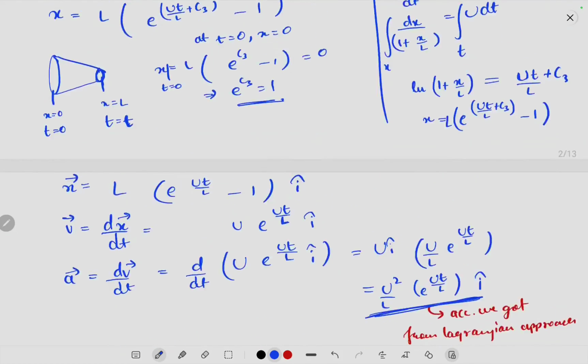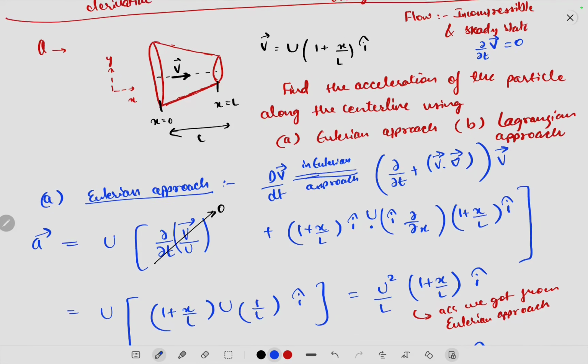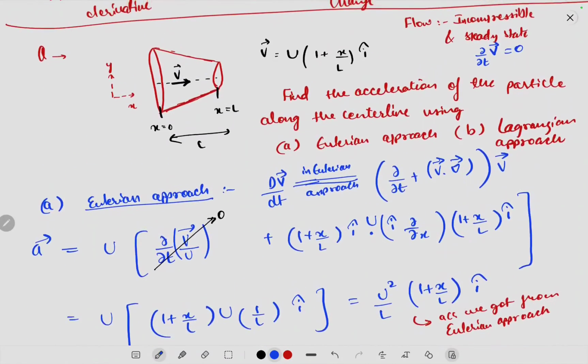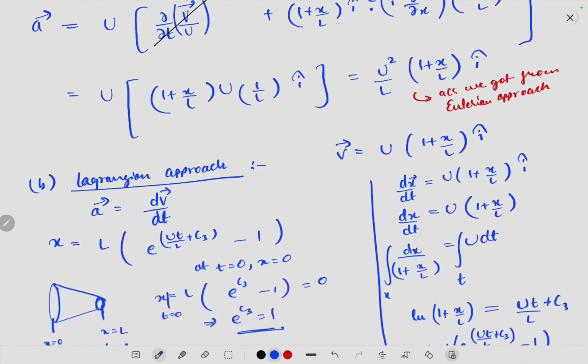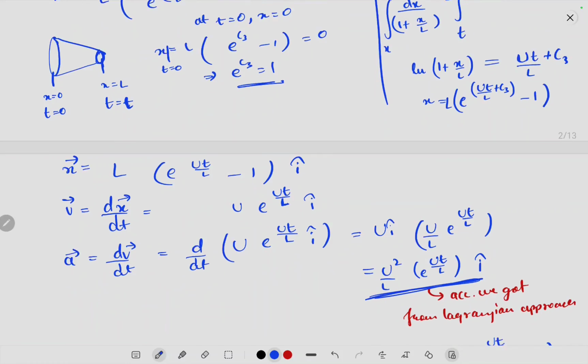Then we considered one example to see, if some velocity vector is given to me, which approach gives me the answer in less amount of time.